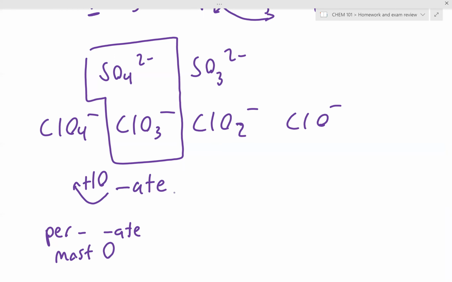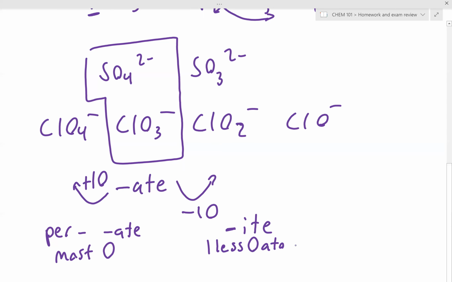Now, if we reduce the number of oxygens, so if we lose 1 oxygen, we end up with the ite suffix, which has 1 less oxygen atom. So for example, looking at this series, we'd have chlorate, perchlorate, and chlorite.